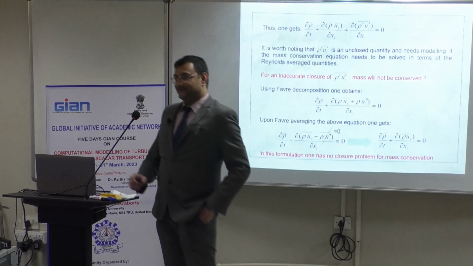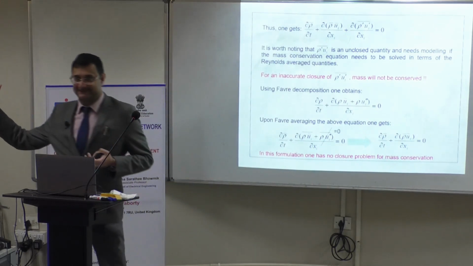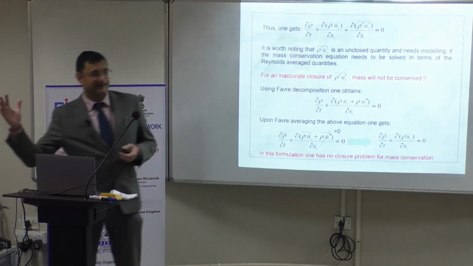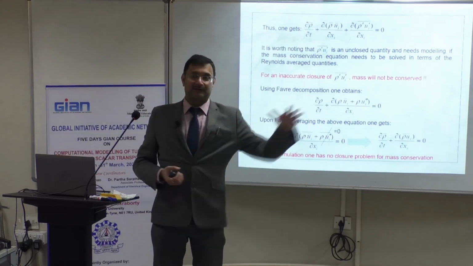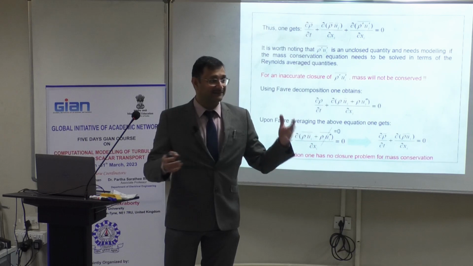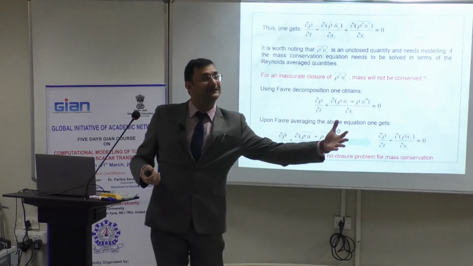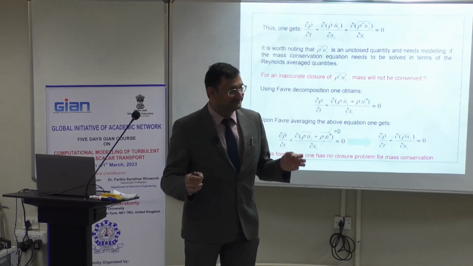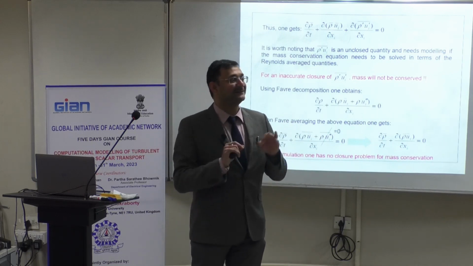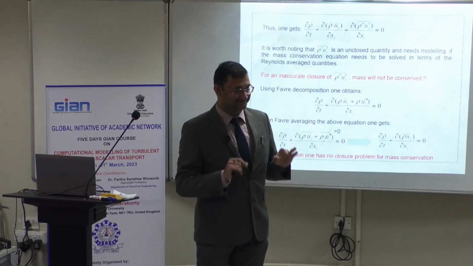That's a very, very strange situation. You have a pipe, on this side at the inflow, some mass flow rate you are getting. If your model is not correct, at the outflow, under steady state, you are going to see a different mass flow rate. It's completely unphysical, completely unacceptable. Clear?